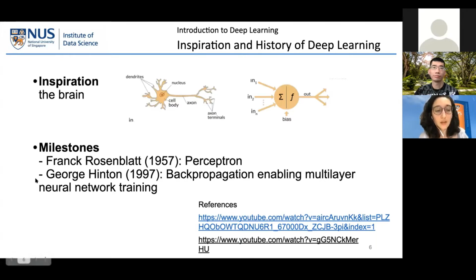And there are some historic milestones that maybe I would like to share, just to give you a sense that neural networks, even though they may seem quite recent, because they have become very fashionable only in the past 10 years, the concept is actually quite old.